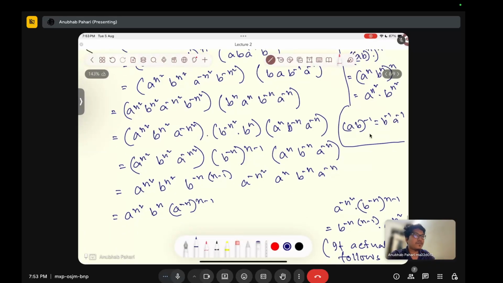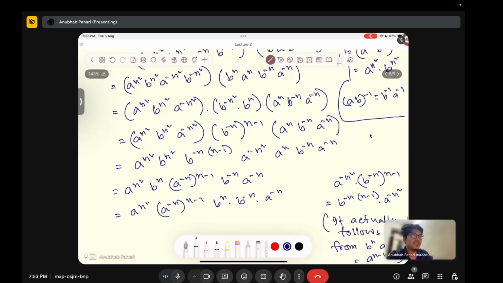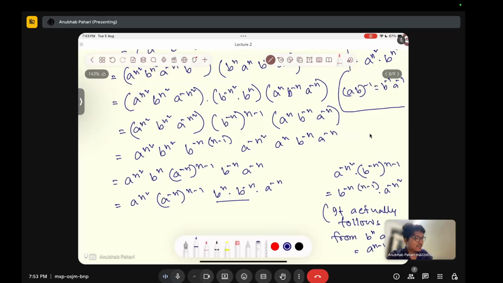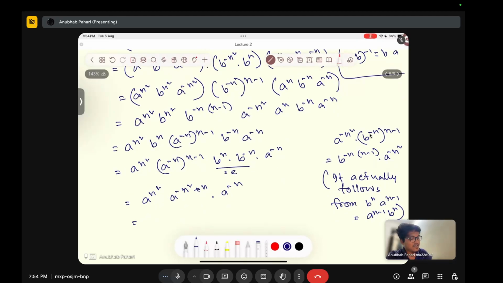So b^n minus b to the power minus n, a to the power minus n, and again this would imply that a^(n^2) a^(-n), using the same argument, b^n b^(-n) a^(-n), and again this should simply mean it equals e, and a^(n^2) minus n square plus n to a^(-n), simply this should mean.